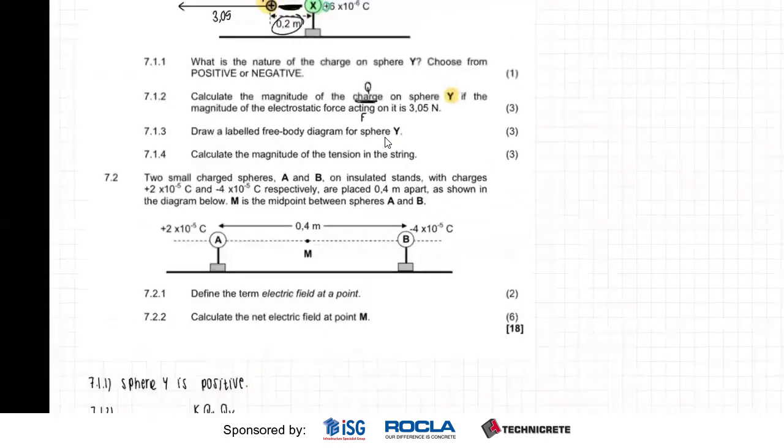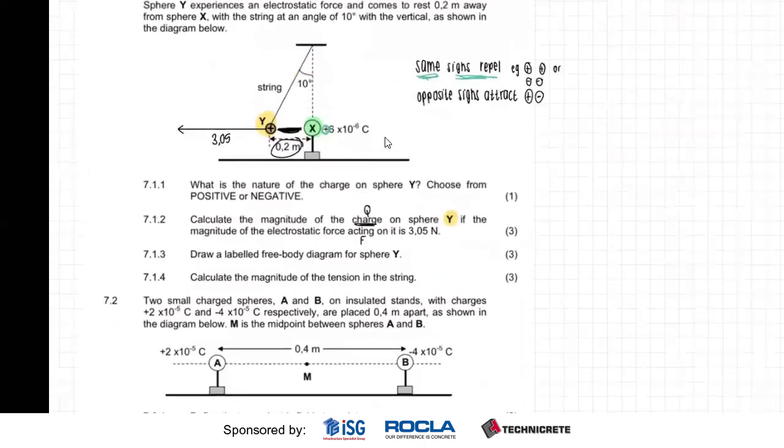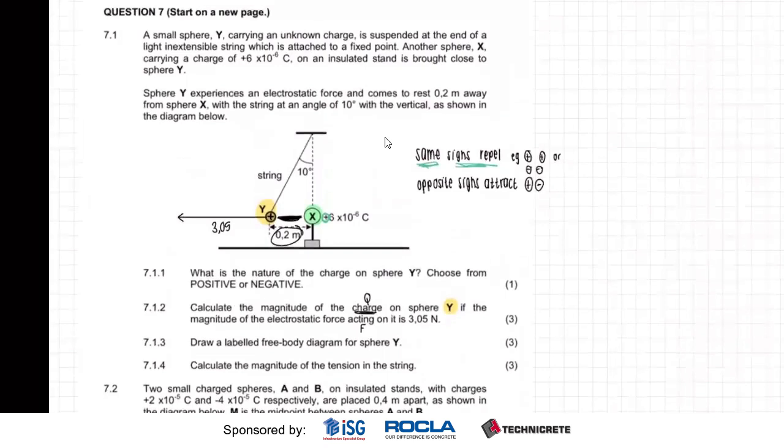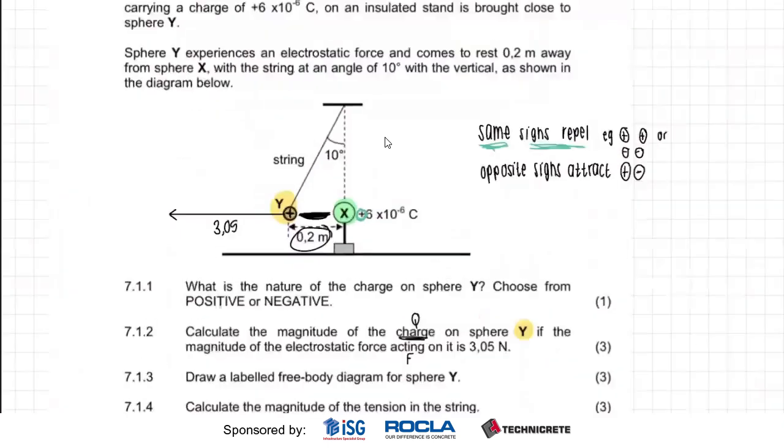Okay. Next question. We are asked to draw a labeled free body diagram for sphere Y. Okay, let's remove all of this stuff and see what's happening with sphere Y. Okay, so sphere Y is being held up off the ground by a string.